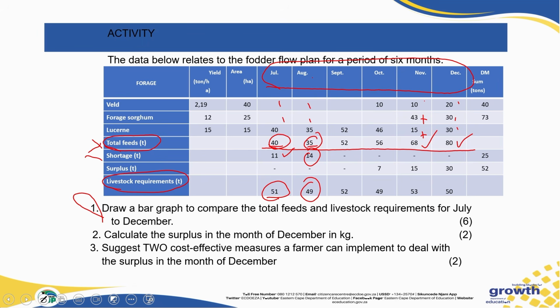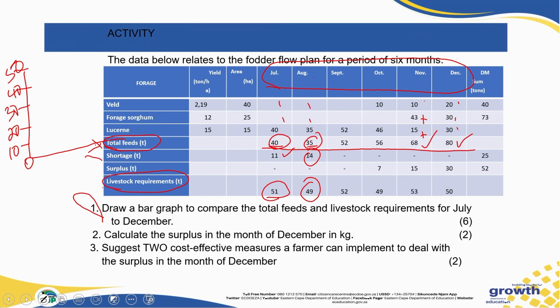So on one y-axis, you have to put the total feed and the livestock requirements in tons. This is the scale. Maybe you decide to use 10, it's 10, 20, 30, 40, 50.